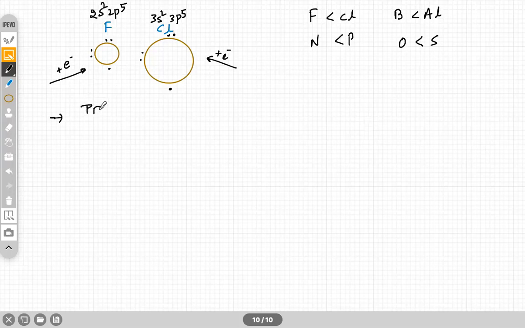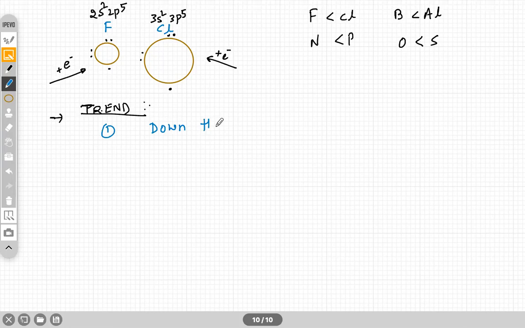Trend of electron gain enthalpy. First point, down the group, top to bottom, the electron gain enthalpy decreases.